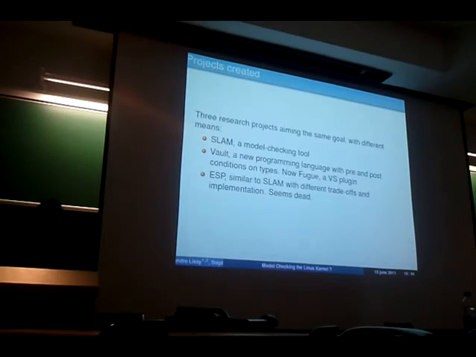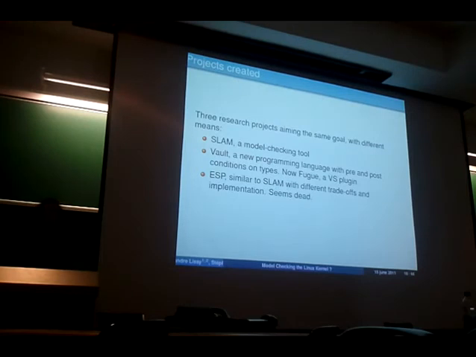So after this meeting, three research projects were launched: SLAM, Vault, and ESP. SLAM is a model checking tool that I will present after. The two others are kind of failed, though not totally.